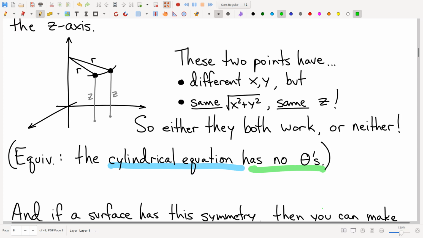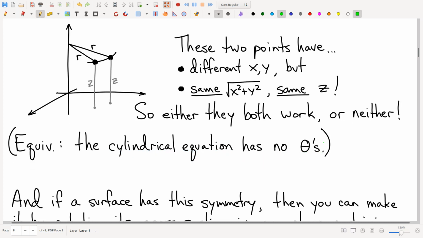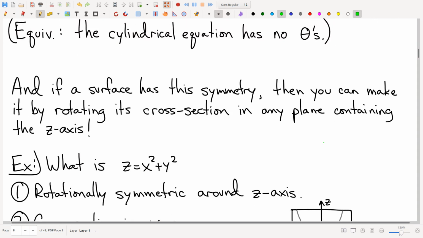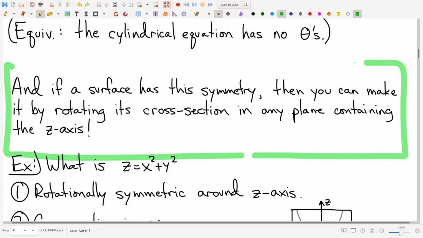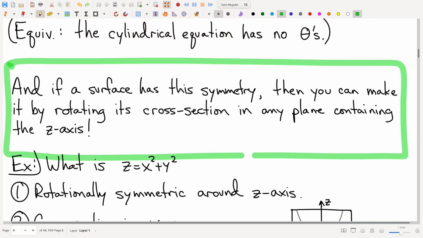All right. So, who cares? So our surface is rotationally symmetric. So what? Well, if it's rotationally symmetric, you could just look at any cross-section.